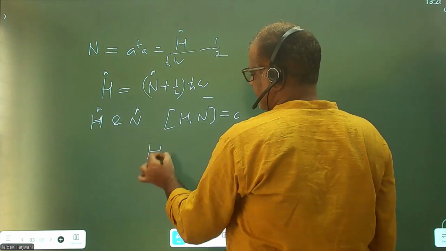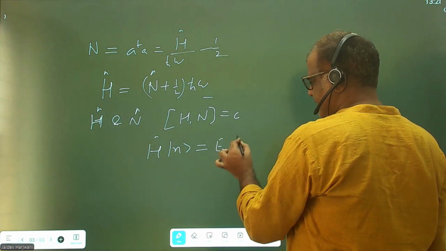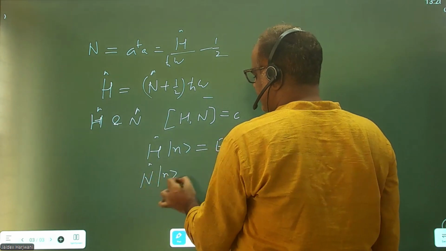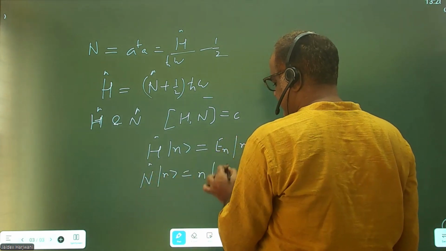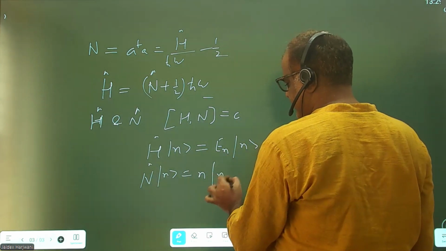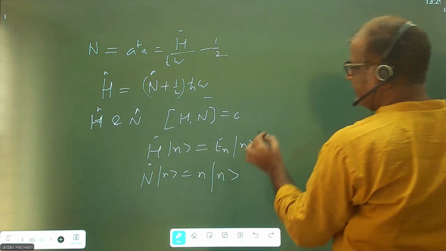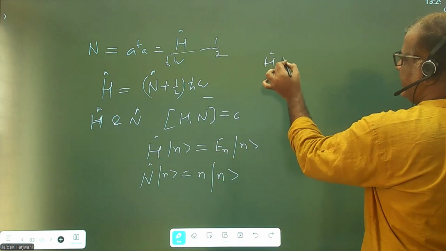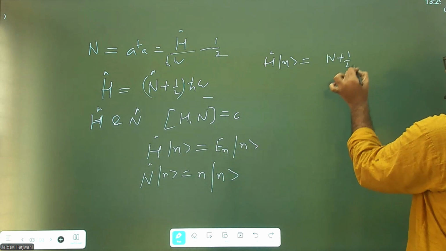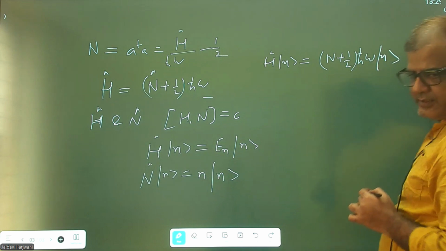So when the Hamiltonian operates here, you get the eigenvalue En. Similarly, for the number operator, let us say the eigenvalue is n. So now my H operates on state n, that is n plus 1 half h cut omega operating on state n.